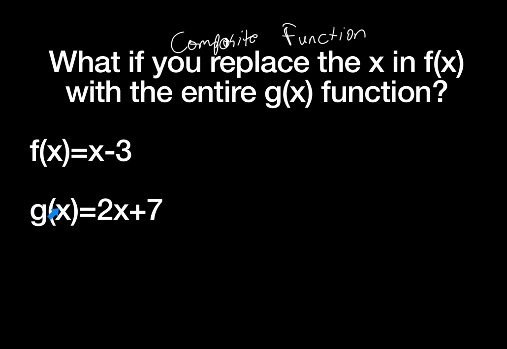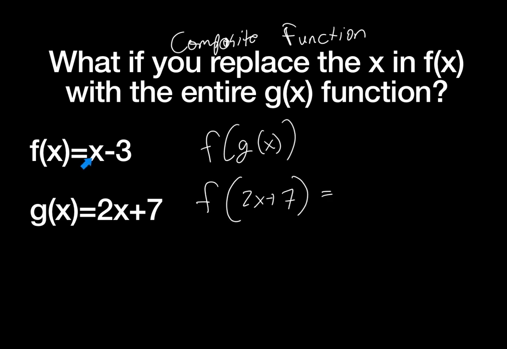So where this x is, I'm replacing it with all of g of x, and we would write that as f of g of x, which means I'm going to take f of 2x plus 7. So wherever the x was for the f of x function, I'm replacing that x with this entire thing.